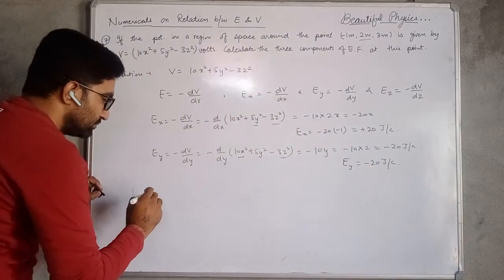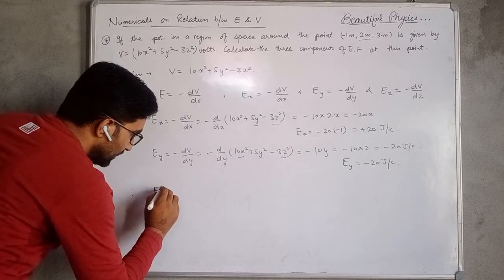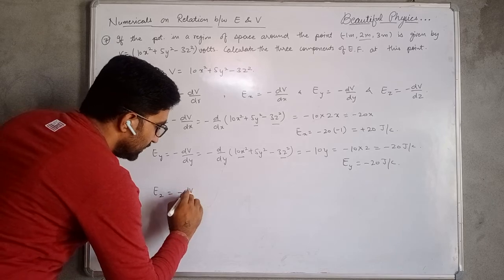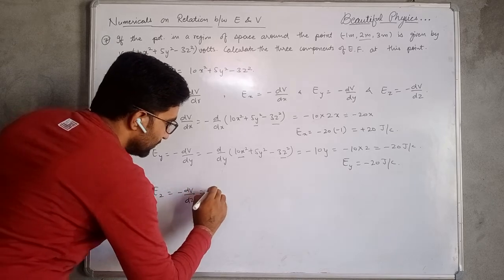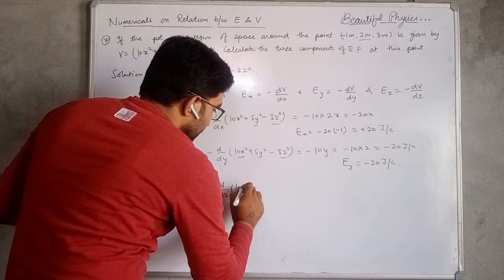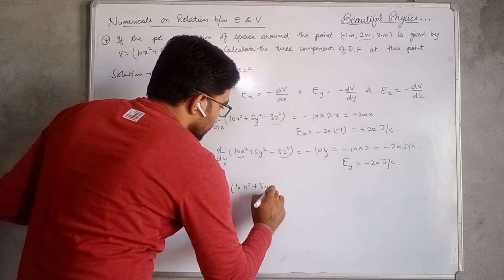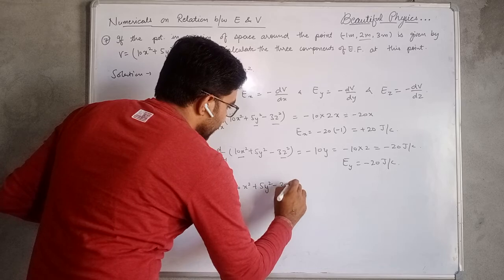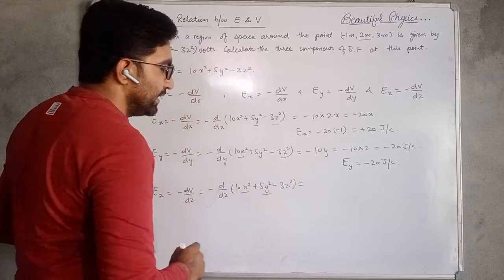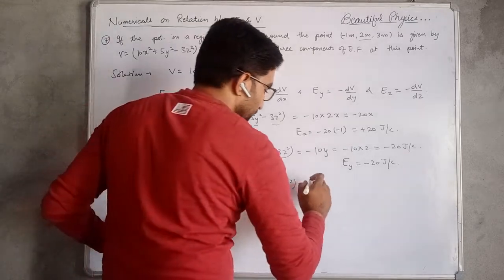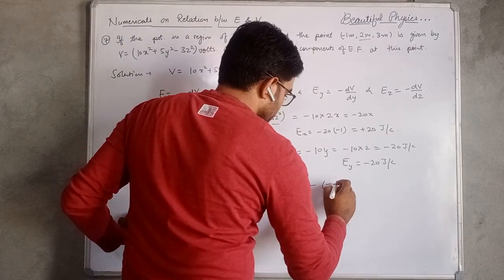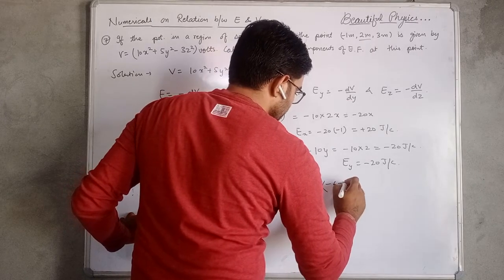Next one is Ez. Ez will be equal to minus dV by dz, and it will be equal to minus d by dz of 10x square plus 5y square minus 3z square. Now we will take y and x as constants, so we have minus into minus 6z.